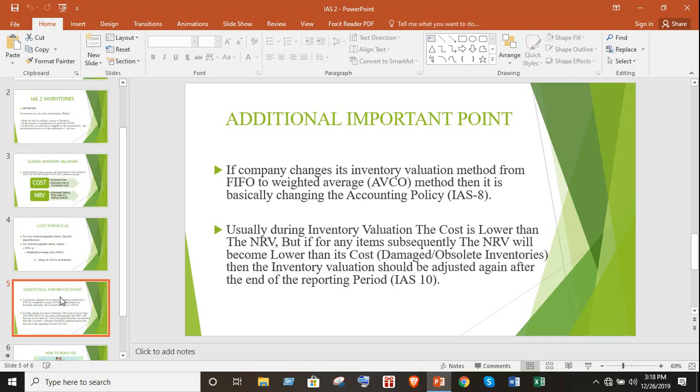I will make a video on IAS 10 to make you understand properly the accounting treatment of adjusting events and non-adjusting events. So that's the end of the topic of IAS 2 Inventories.